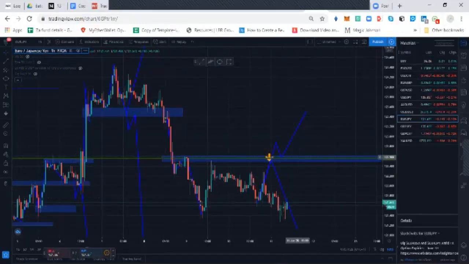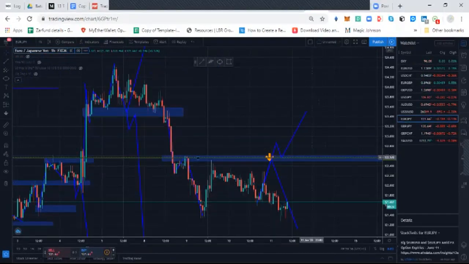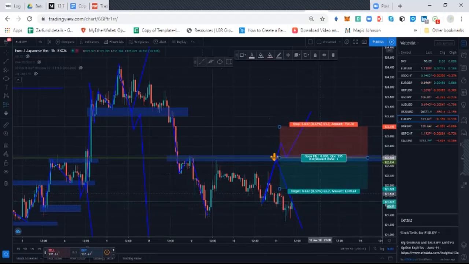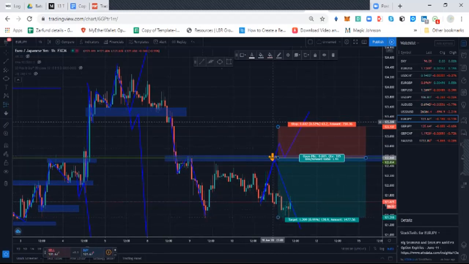Let's wait for price to come in there so that we will have a very good entry for a potential sell-off back to this same area. We might see something like this.